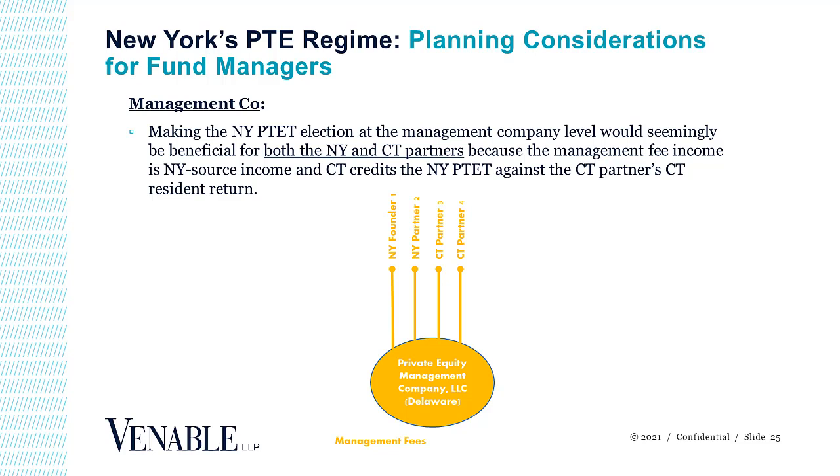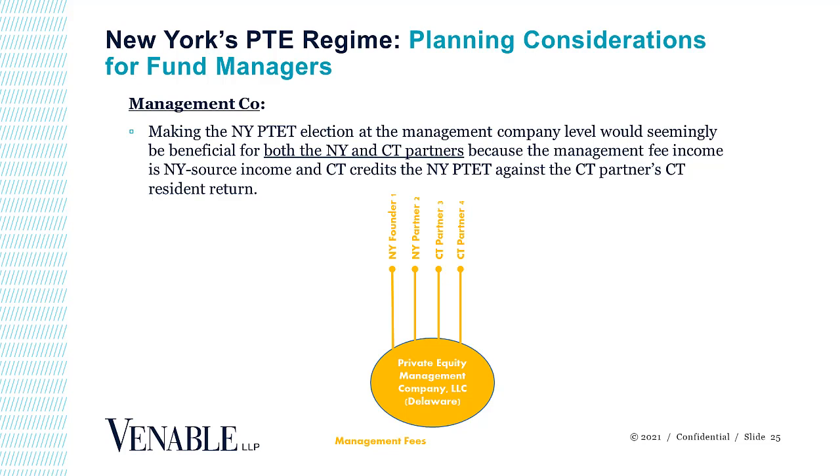So what happens, would it make sense for this entity to make the election? Well, on these facts, it probably would, because as Walter was talking about, when you're an LLC, in contrast to an S corporation, you get to include in taxable income, and this is sort of a bizarre concept, including something in taxable income is good because it means that income is eligible for the credit.